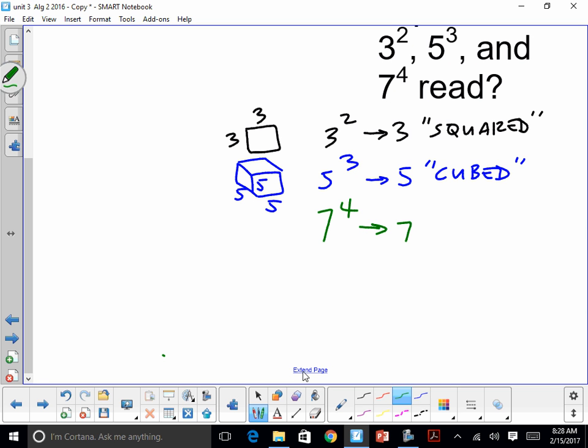Not 7 to the 4th power, but... All right, no, it's 7 to the 4th power. There's no special thing for the 4th. I just wanted to see if someone would make something up. But 7 to the 4th power, 2 to the 4th power.